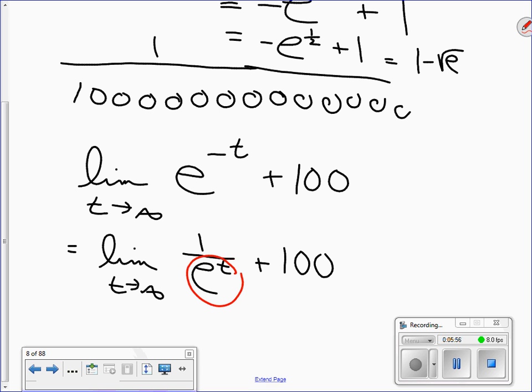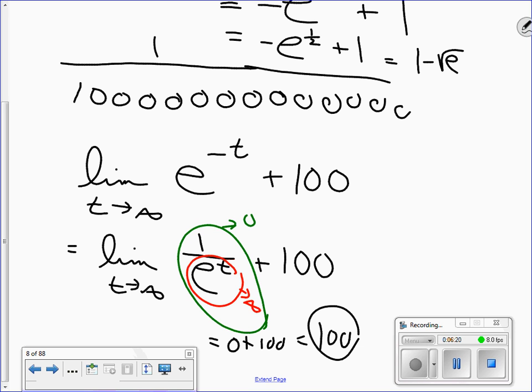Well, e to the infinity is going to infinity, but the whole fraction, 1 over a number that's going to infinity, is approaching 0. So we get 0 plus 100, which is 100.